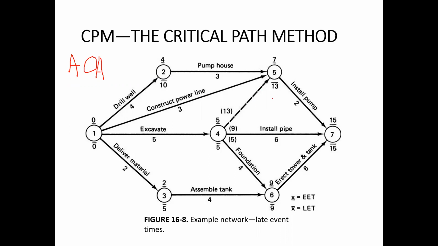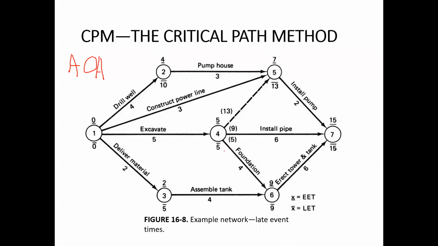Okay, so what will be those activities? For example, if we go from here to here and then there, that will give us the longest path. So for example, 5 plus 4, 9, plus 6 is 15. And then this is 5 plus 6 is 11.